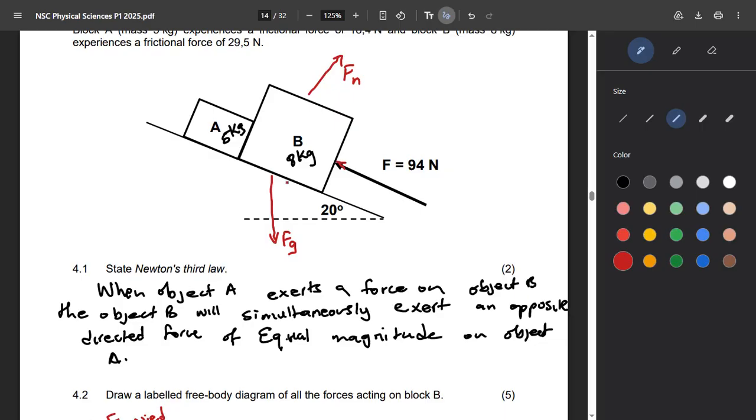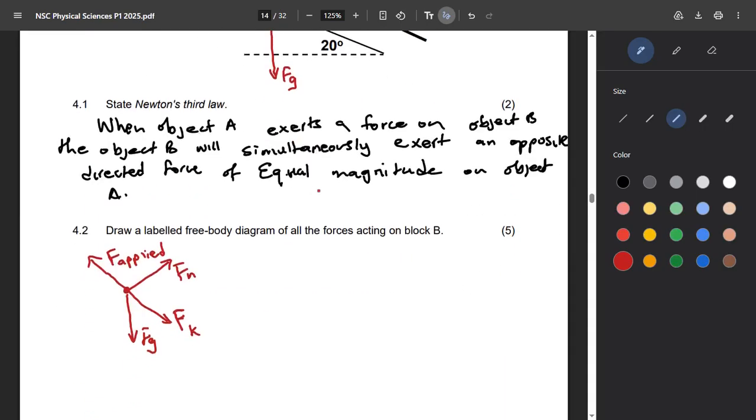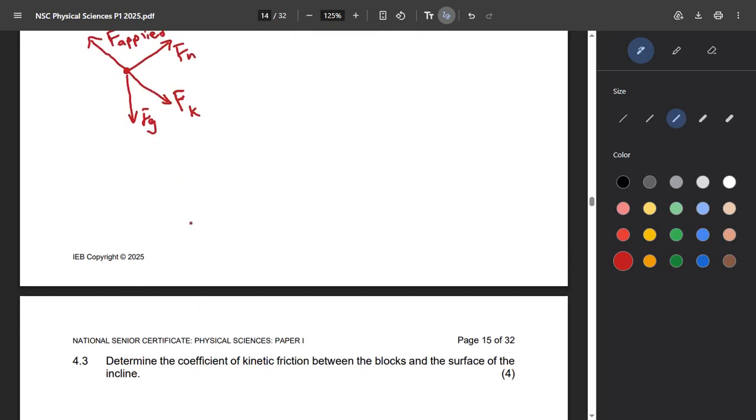Exactly, the force that A will exert on B. Since B is making A go up, A will exert an equal force in an opposite direction. So I'm going to indicate this with a different marker. We're going to have a force that will move down, and we're going to call this the force of A on B. It will go downward.